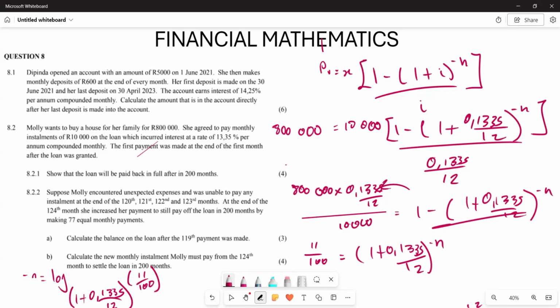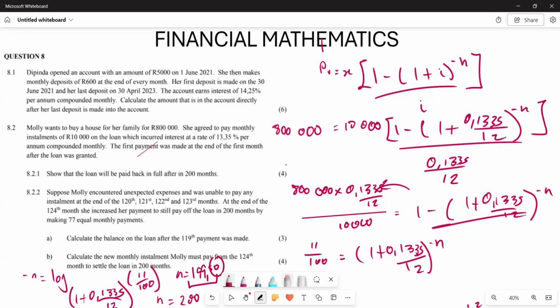Your n is going to be, when you divide by the negative here, 199.50. And when it's like this, remember the 0.50 payment is going to be made the following month. So therefore it's going to be 200, right? Okay. So basically, that is how you can prove this particular question.